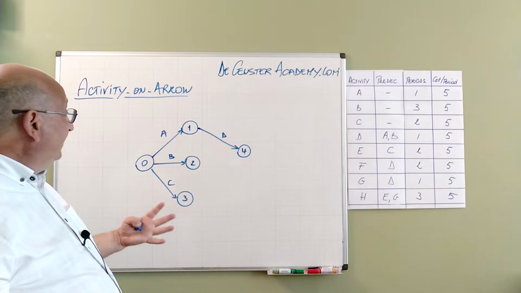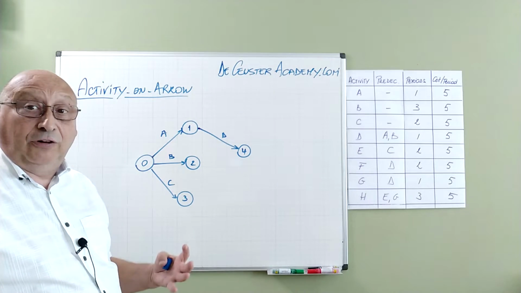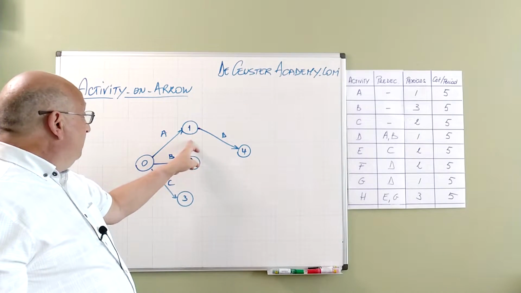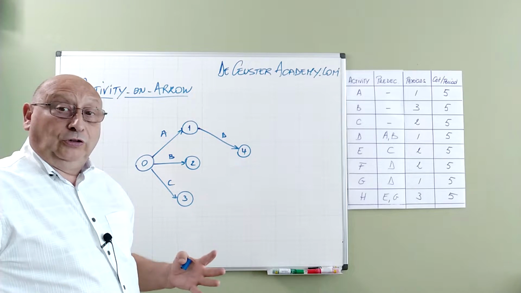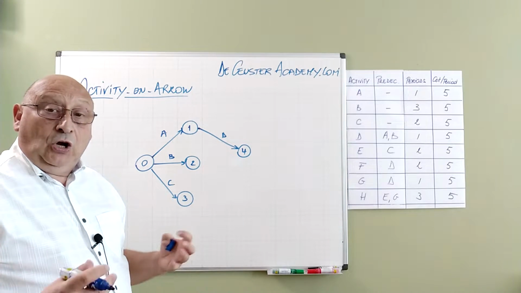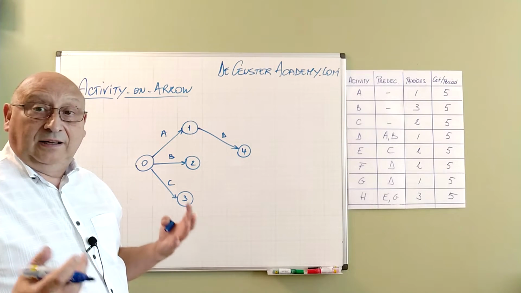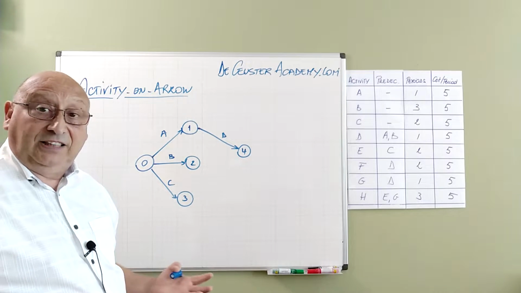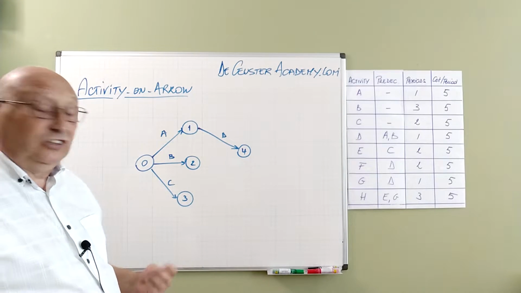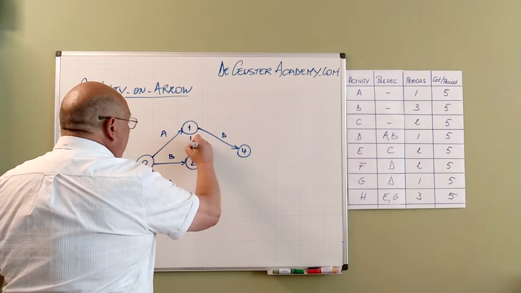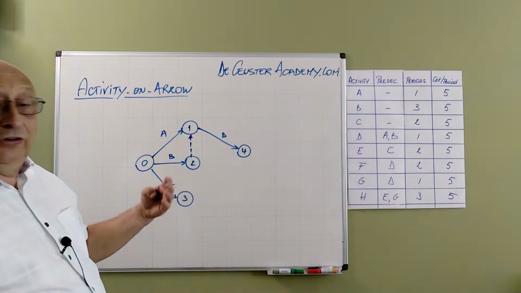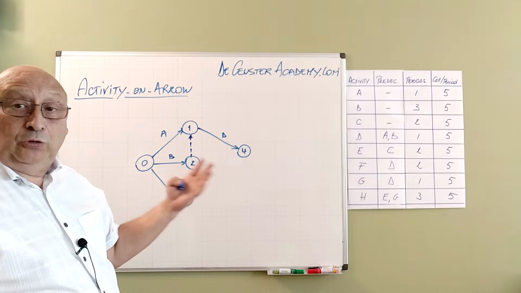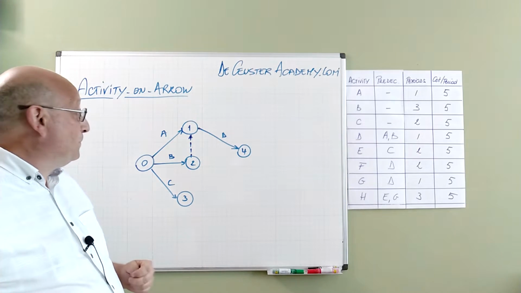Event 4 is the end event, but I still miss the information that B is a predecessor of D. The only way to do that is by adding what I call a dummy relationship, a dummy activity, which has duration 0. And this dummy activity allows us to create the relationship between A and B and D.